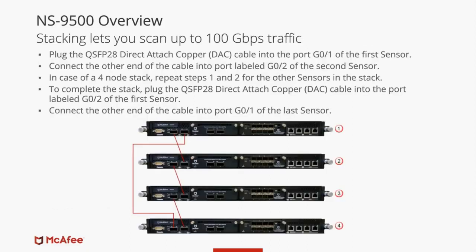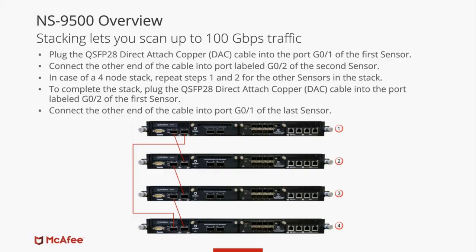NS-9500s have a new option that lets you stack multiple sensors together to scan up to 100 gigabits of traffic. Each NS-9500 comes with a direct attached copper cable that can be used for either sensor HA or for setting up the stacking option. When setting up stacking, you cable G01 of the first sensor in the stack to G02 of the second sensor, and then G01 of the second sensor to G02 of the next sensor, until you cable it all the way back into the original.